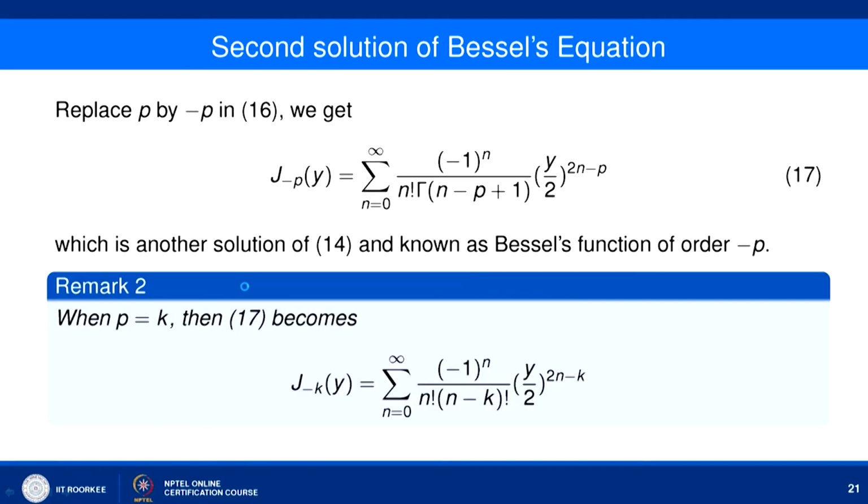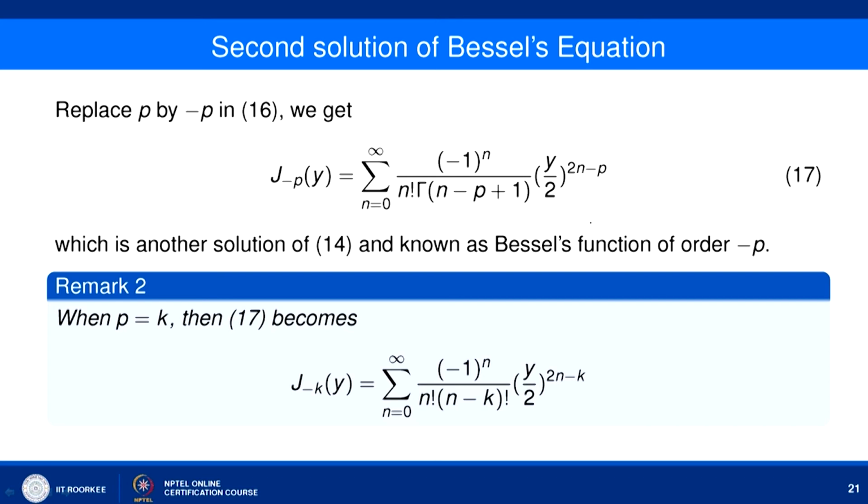Now, find out the second solution. So, here replace p by minus p. In 16 we get J_{-p}(y) equal to sum n equal to 0 to infinity, minus 1 to power n divided by factorial n gamma n minus p plus 1, (y/2) to power 2n minus p. So, here if you look, this is quite symmetric. The only thing is that here we have just replaced p by minus p. You can check that actually we are getting this.